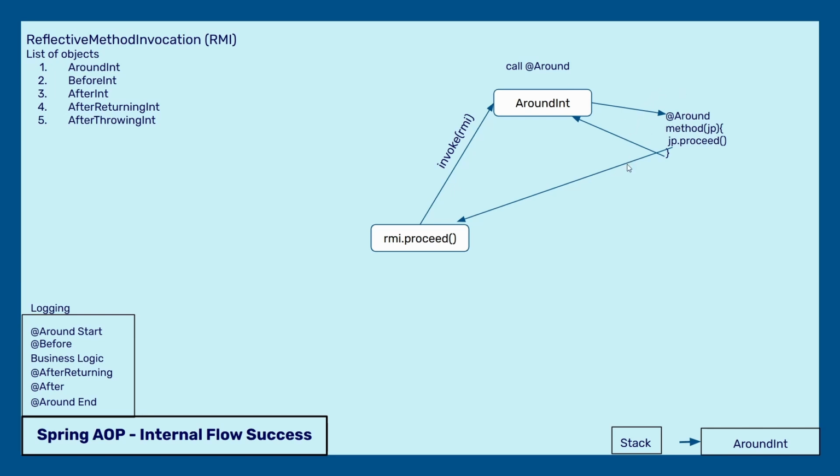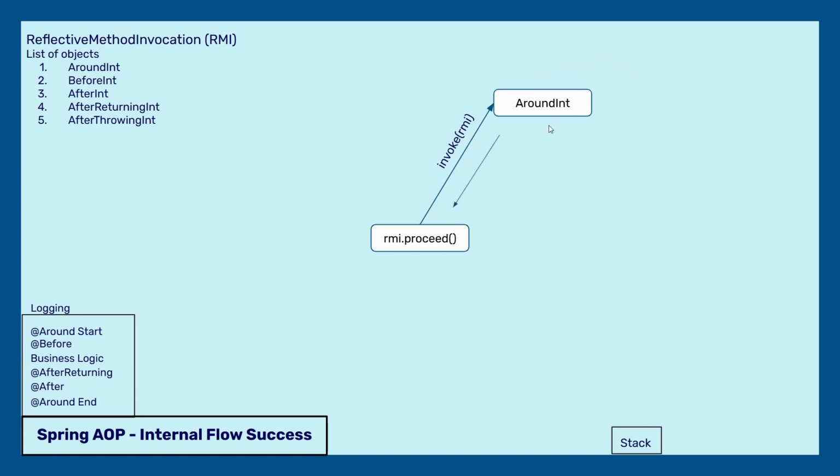And since this is completed, let's remove this. And the next thing in our stack is around interceptor. It pops up, and the invoke method of the around interceptor only had this call to the around. This is also completed. And once this is done, the pointer goes back to the proceed and this is also executed.